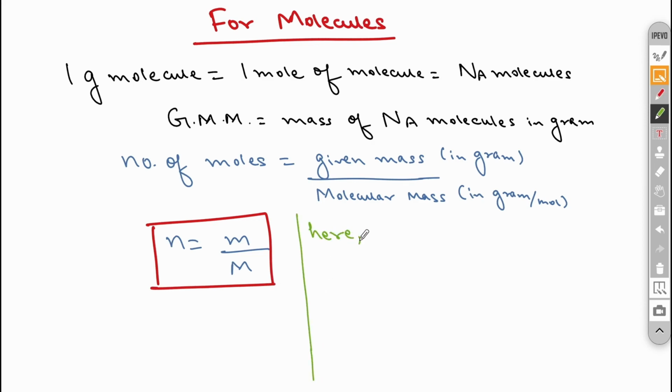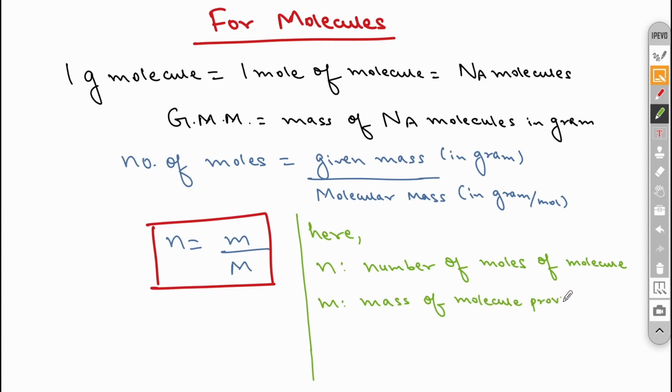And here small n is the number of moles of the molecule. Small m is the mass of the molecule provided in the problem.